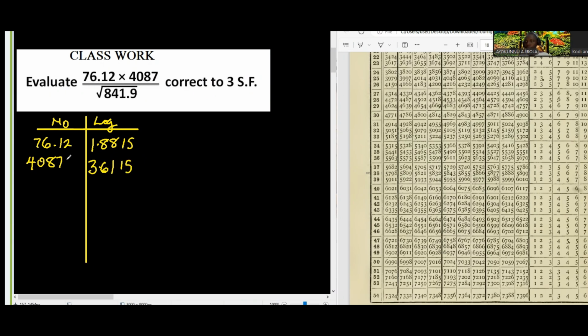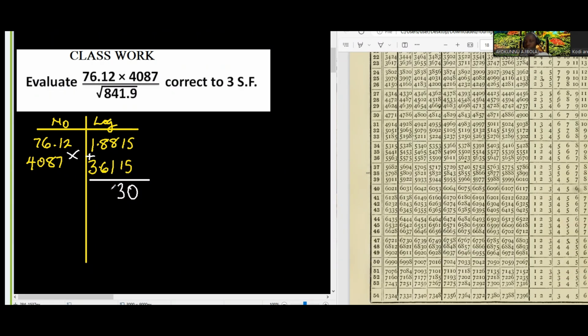6115. But because there's multiplication between the two numbers at the top, we have to add the logarithms together. So we have the addition of this, which is 5 plus 5, 10. That's 0, keep 1. 1 plus 1 is 2 plus 1, that's 3.